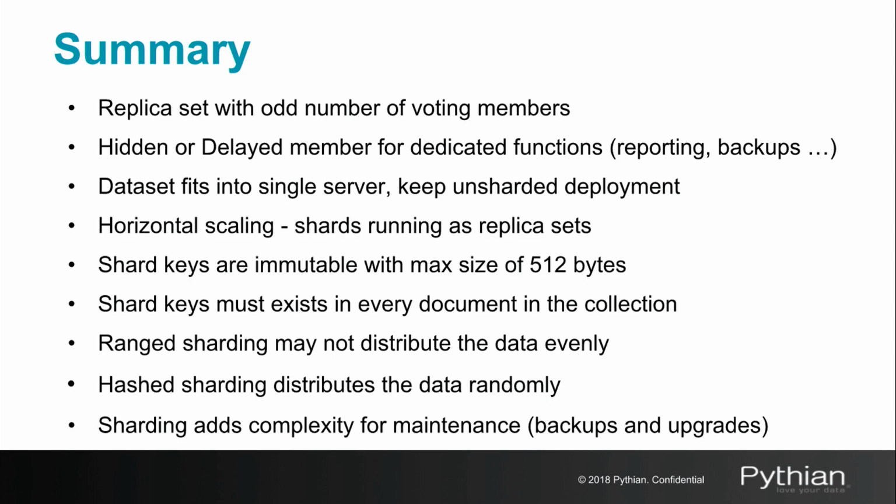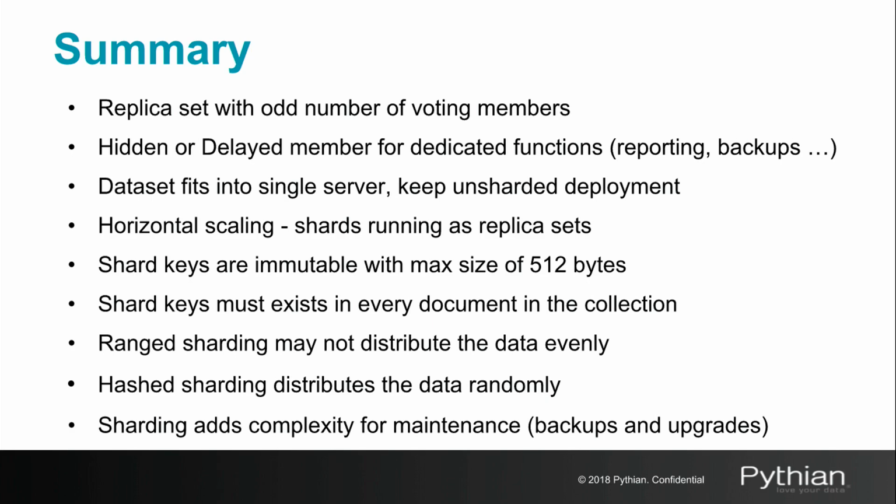If your dataset fits into a single server, and you can decide that by understanding what your working set is for the application, if your working set does not grow, or it grows at a level of megabytes, not in the magnitude of gigabytes, then it's probably best to keep an unsharded environment and just scale vertically by adding more RAM and CPU to the instances. Keep replica sets for your deployment topology.